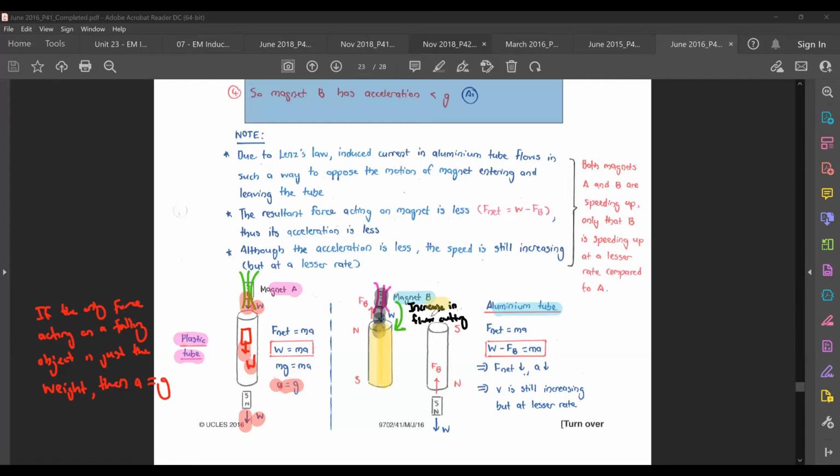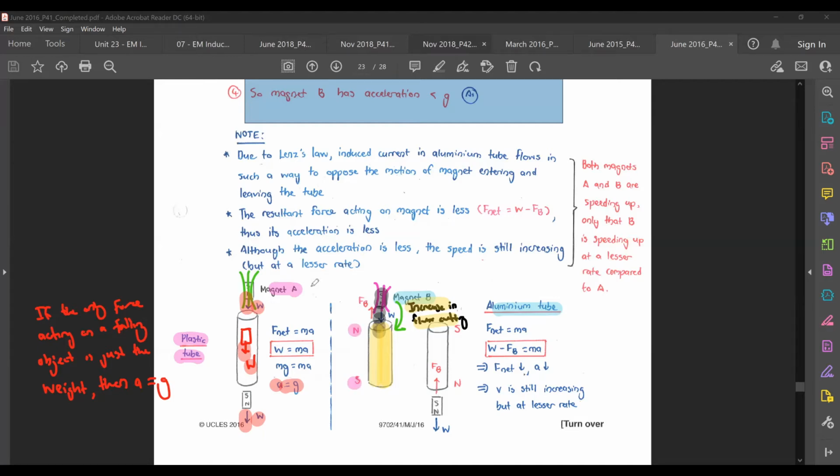In my case, I have an increase in flux cutting that caused the induced current. So Lenz's law will tell me that my current will flow in such a way as to produce a magnetic polarity that will oppose the increase in flux cutting. The only way that can be done is if my current flows in such a way that this is the north, this is south.